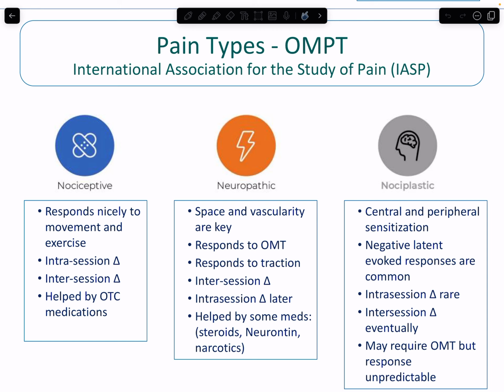You're going to see some intersession changes, intrasession changes later on as they get to that maturation phase of soft tissue healing, or even maybe the proliferation phase. They're going to really start to respond to your hands-on care. You're like, yes, I was so sick of doing traction on this person and taping them, and now I've moved them over in the soft tissue healing paradigm.